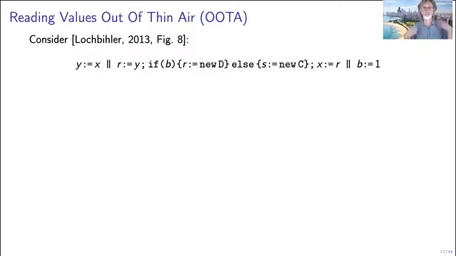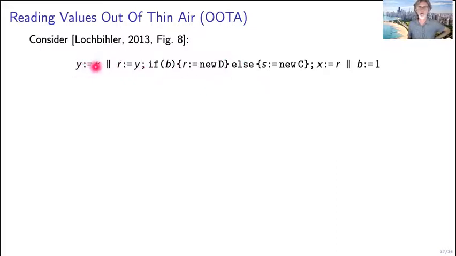All right. So this example is from 2013 by Andrew Slockbuehler, and he wrote this paper studying the Java memory model. What he showed is that the Java memory model has an execution of this program where everything in the program is typed as a D object.